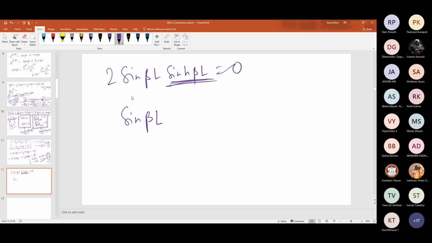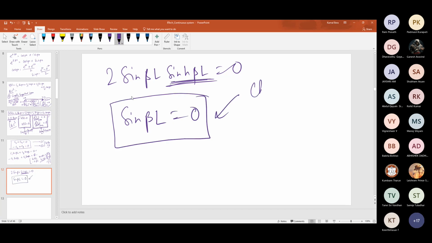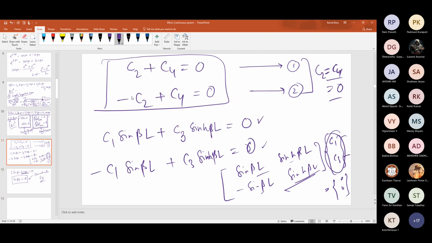So sine beta L equals 0. Agree? This is called the characteristic equation. Any issue?